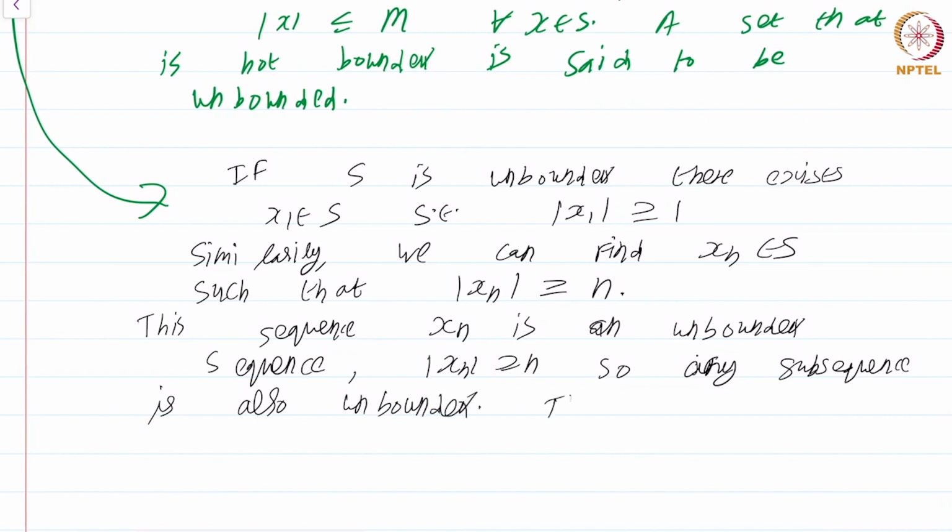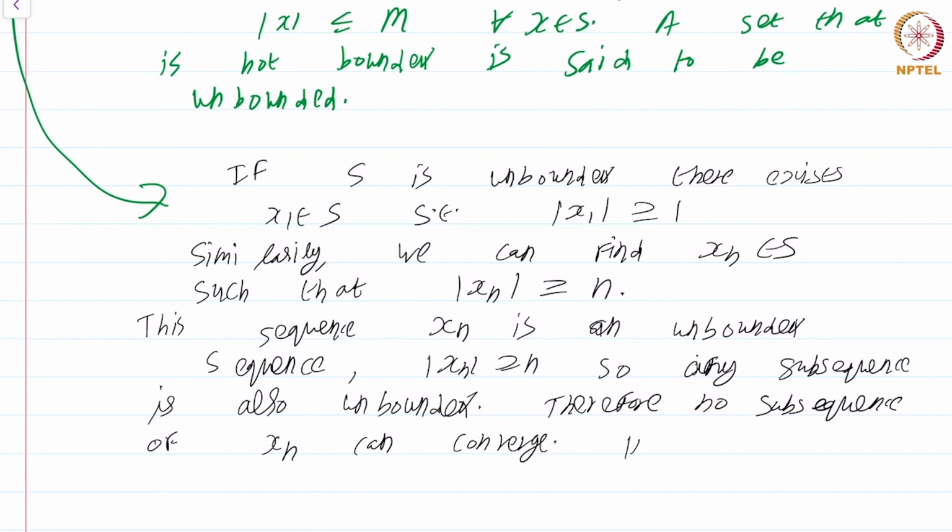Therefore, no subsequence of x_n can converge. Hence proved. Hence we are done.